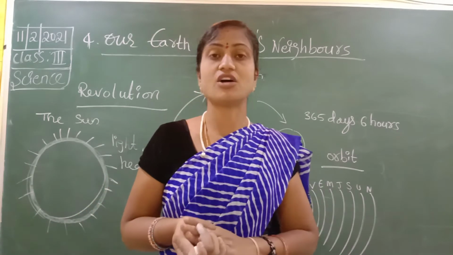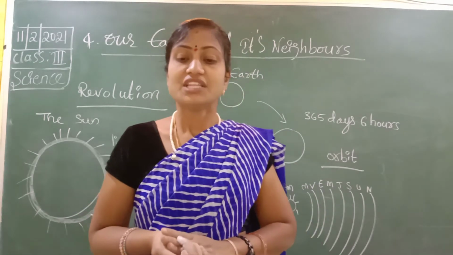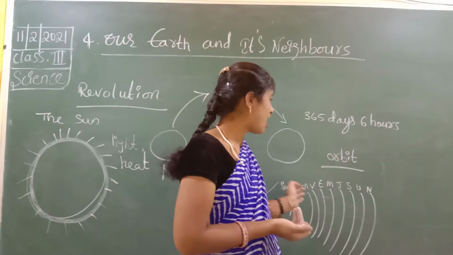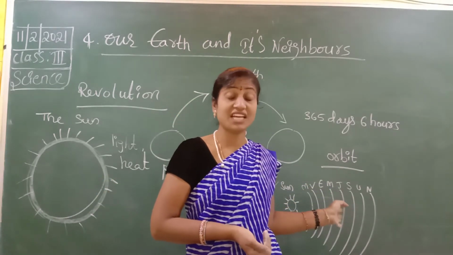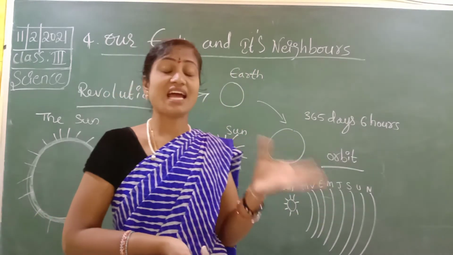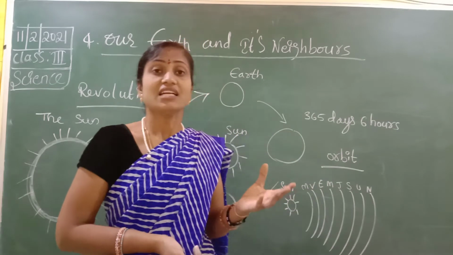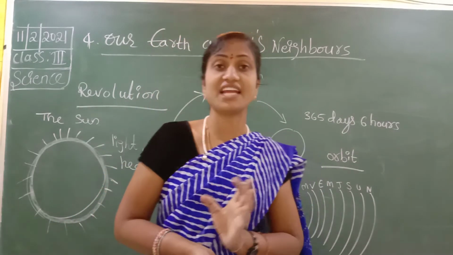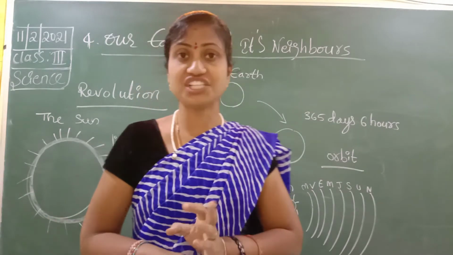The planets get some of the sun's heat and light, and they can reflect it, so that is why they are shining. Without the sun, they can't shine.